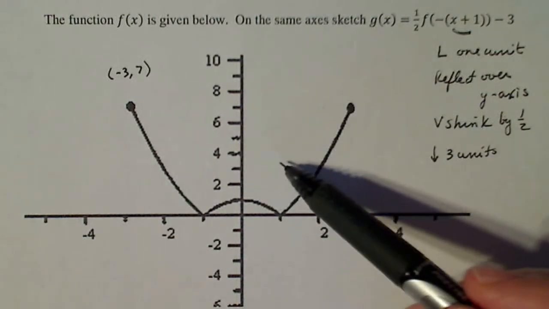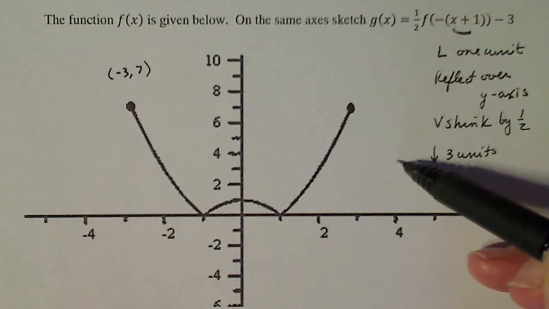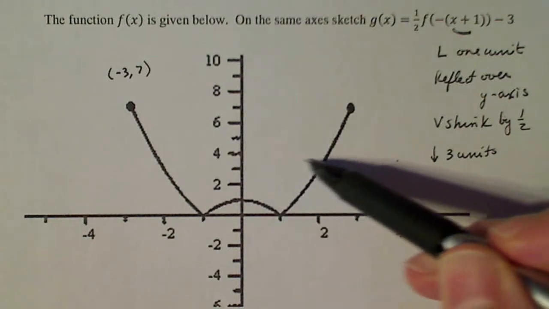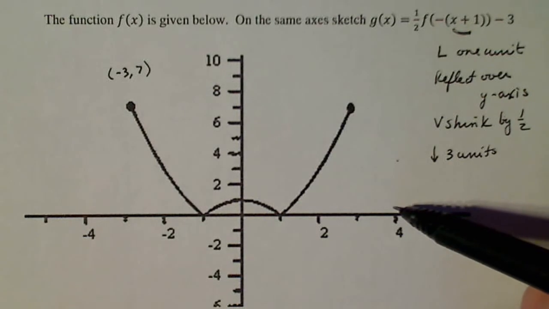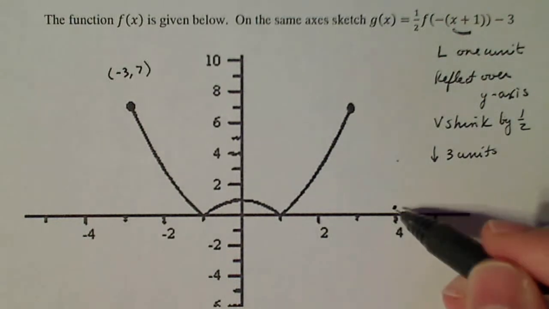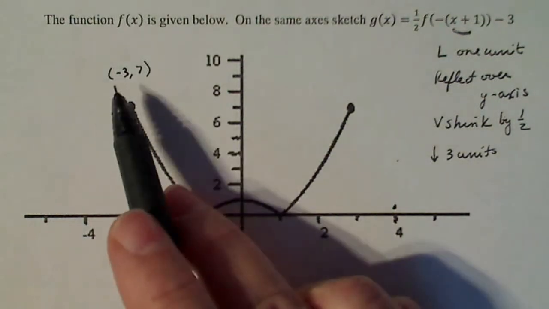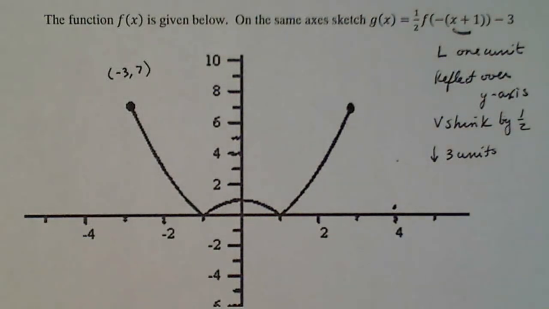So here's 3.5. And so approximately right here. And then from here I go down 3 units. Well, I'm up at 3.5 already. Okay. So down 3 units would put me at just 1/2 above the axis. So this is the final point where this guy rests, at 4, 1/2.